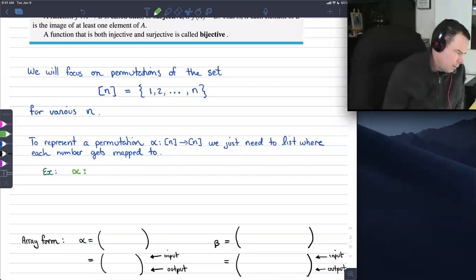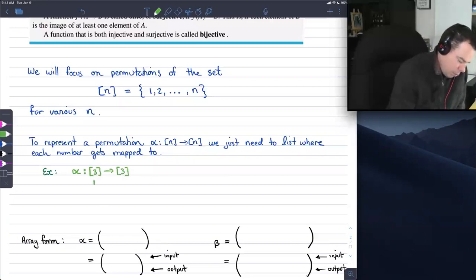So let's say we've got a function alpha. Its input set is the set of numbers 1 to 3, so 1, 2, and 3. Its output is going to be that same set of numbers, 1, 2, and 3. So 3 objects are in the input set and 3 objects are in the output set. And so how can I define that?